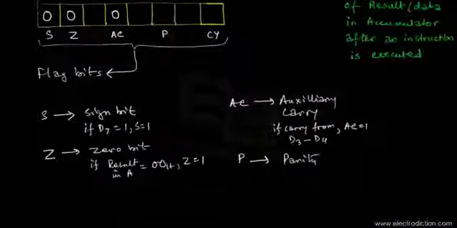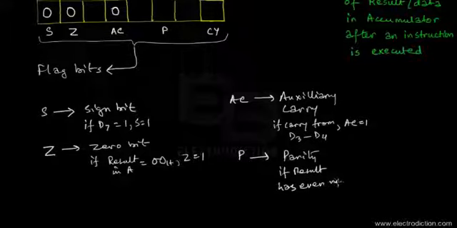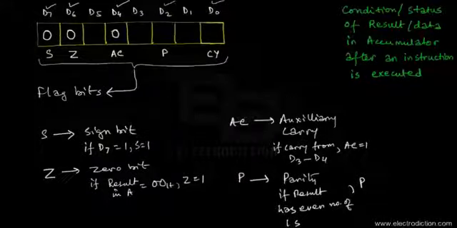So if I write the condition over here: if the result has an even number of logic ones, then only the parity flag bit will be set to logic 1 level.